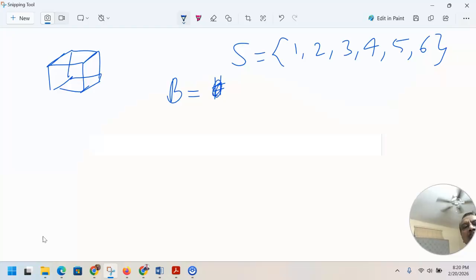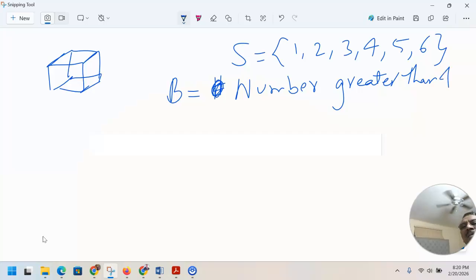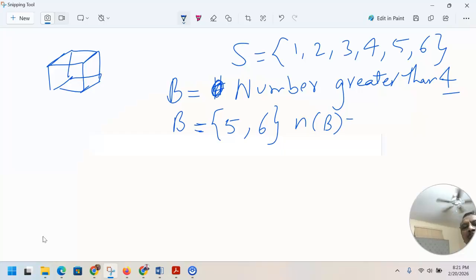The favorable outcomes for this are 5, which is greater than 4, and 6. So there are two options here.